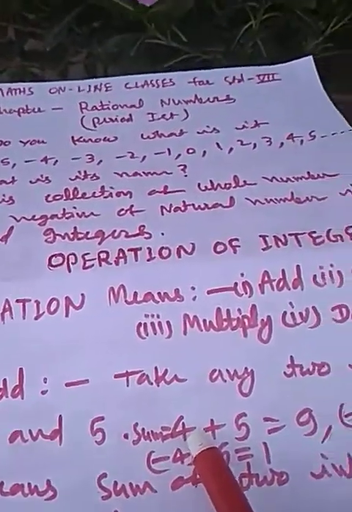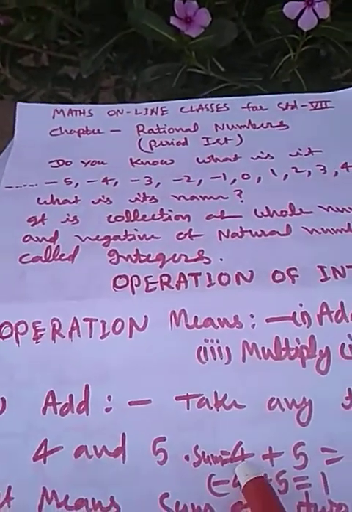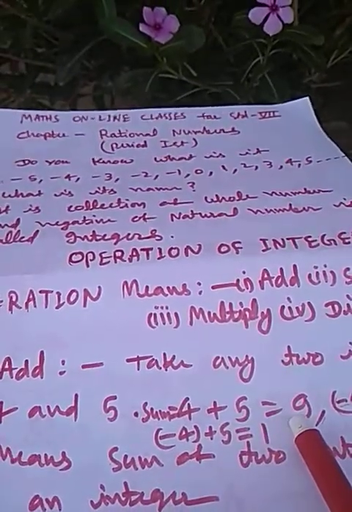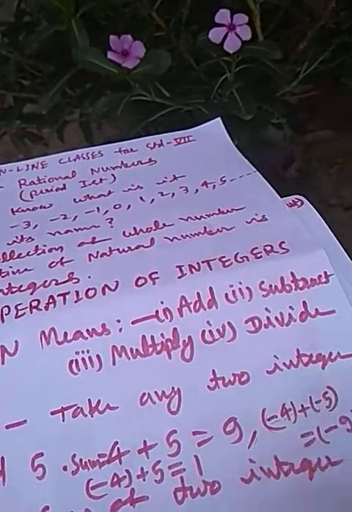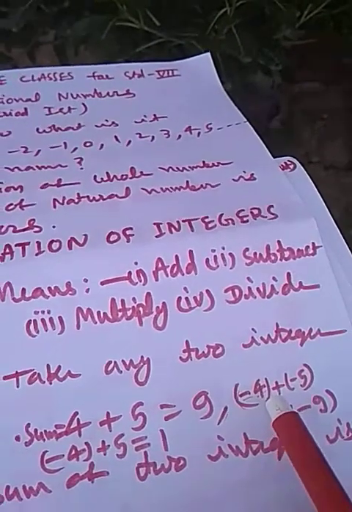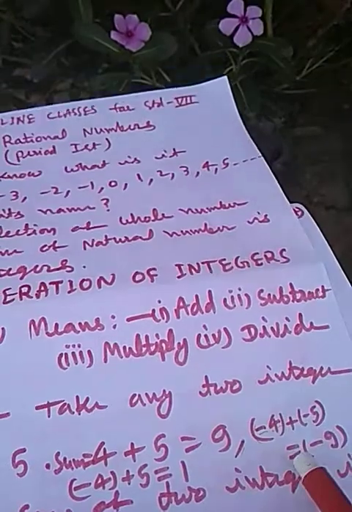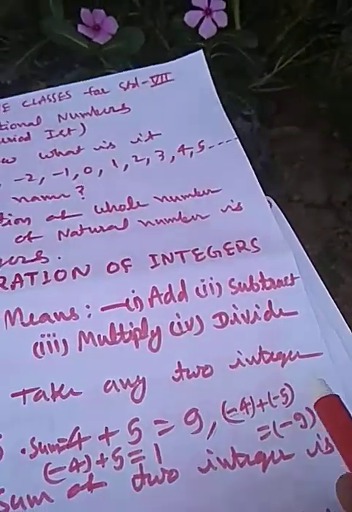Sum means 4 plus 5, 4 is an integer, 5 is an integer, that is equal to 9. 9 is also an integer. Now we shall take 2 negative integers. Suppose here -4 and -5. Now we shall find the sum. -4 plus -5 is equal to -9. It is also an integer.